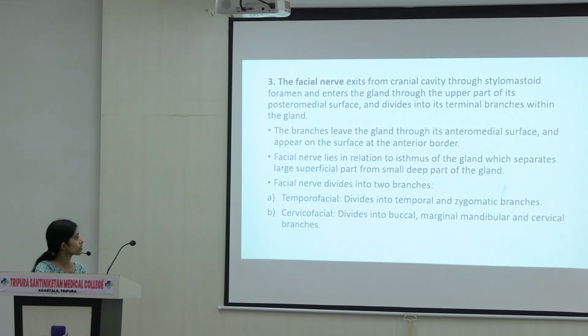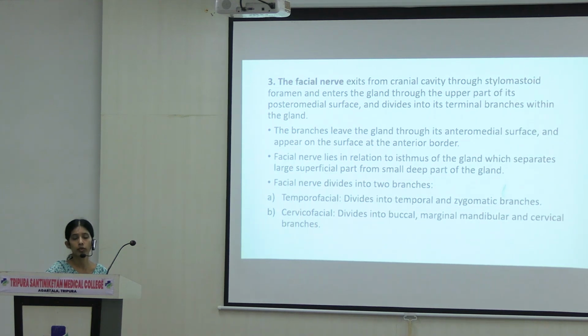The facial nerve lies in relation to the isthmus of the gland, which separates the large superficial part and the small deep part. So your facial nerve divides the entire gland into two parts: the superficial part, which is larger, and the deep part, which is smaller. Remember this point.